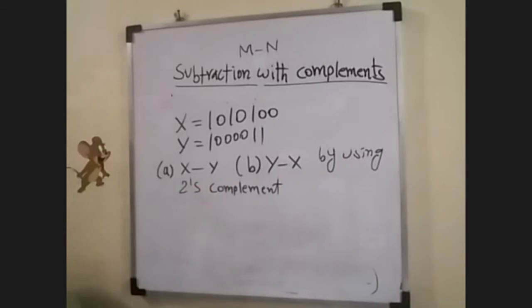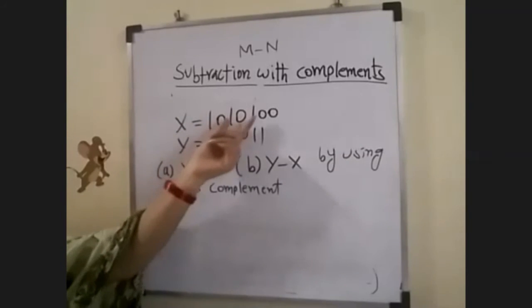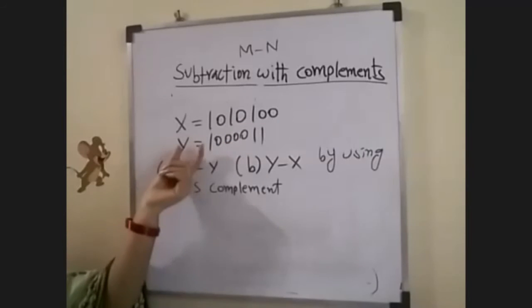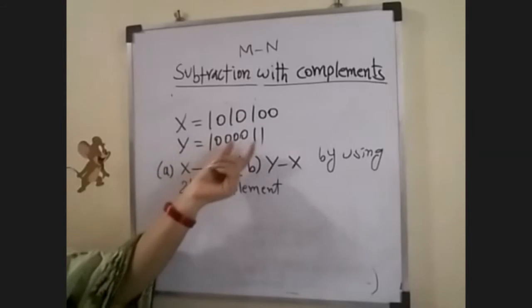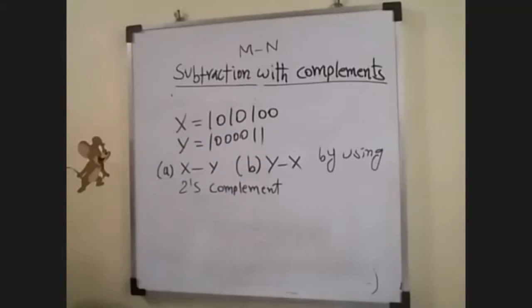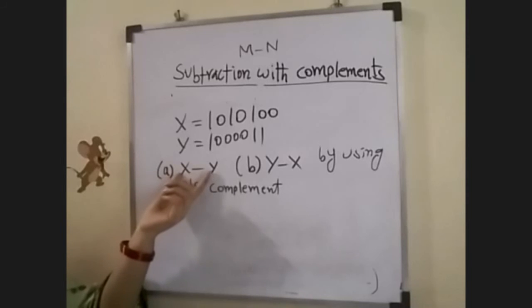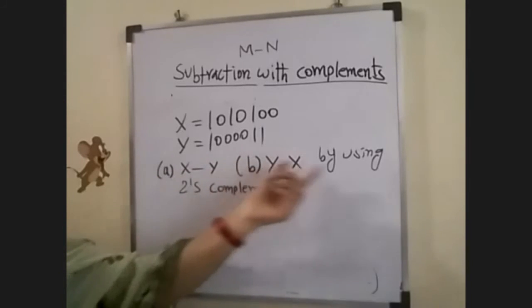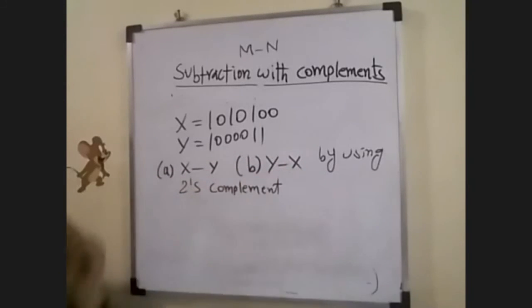So given two numbers, x is equal to 1010100, y is equal to 1000011.